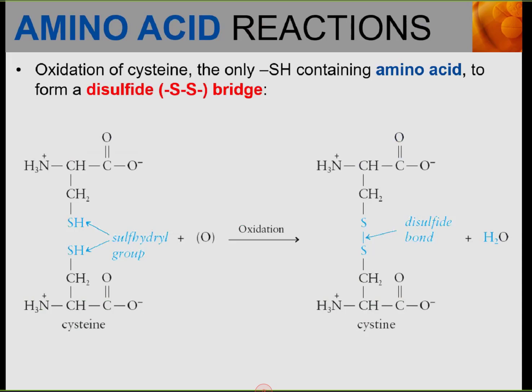And you're going to see that this is an important reaction as we go forward in this chapter. The amino acid that undergoes this reaction is cysteine. It's the only amino acid that has the sulfhydryl groups that undergo this reaction. Again, this sulfur-sulfur bridge is going to be important as we go forward and look at the structure of proteins.